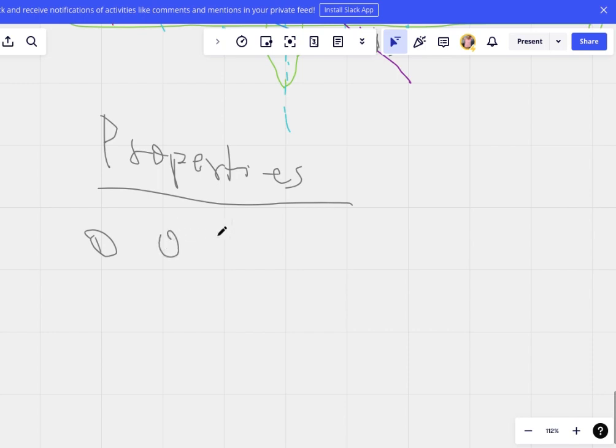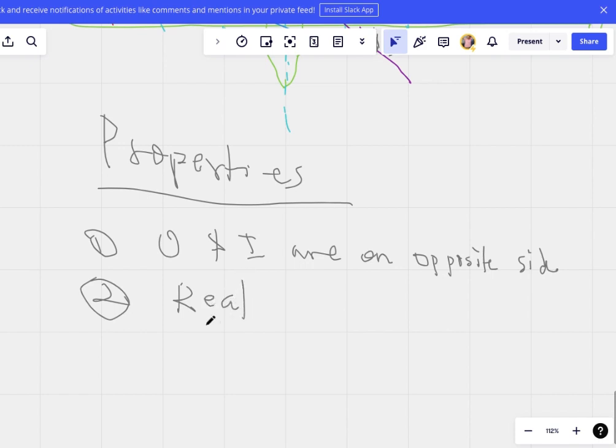O and I are on opposite sides, as usual. They are not on the same side. Number 2, it is a real image. Number 3, it is diminished, meaning it became smaller.